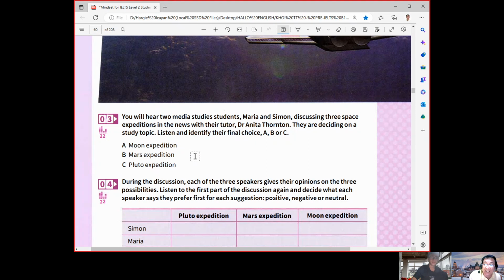But Simon also mentioned the moon expedition, and a group of Chinese astronauts who wanted to study the moon expedition again. Their tutor, Dr. Thornton, disagreed with the idea because the moon expedition has already been done, and a lot of reports were already submitted.